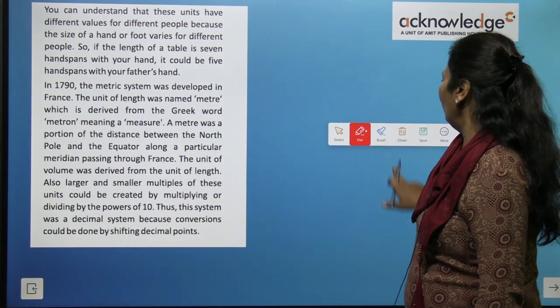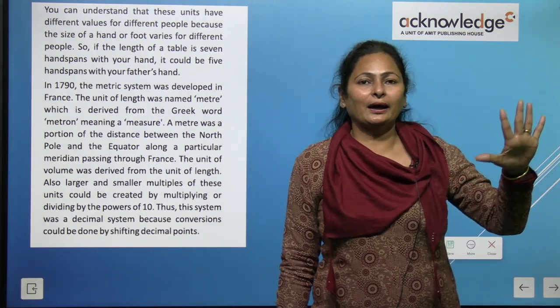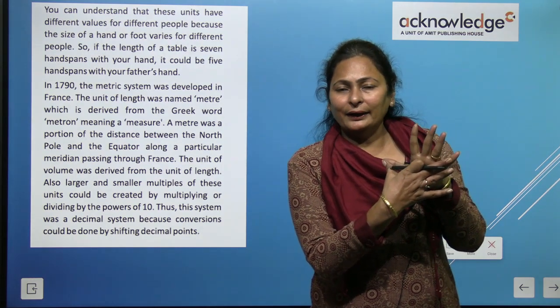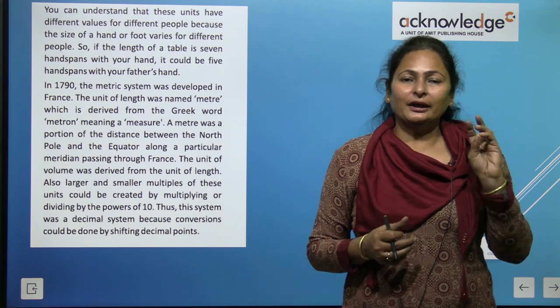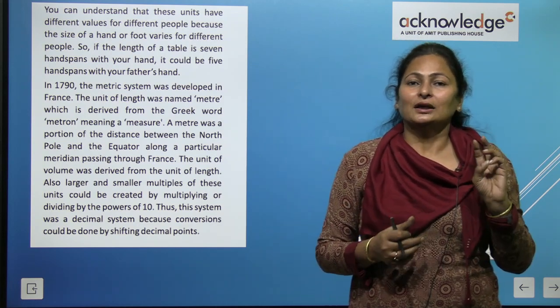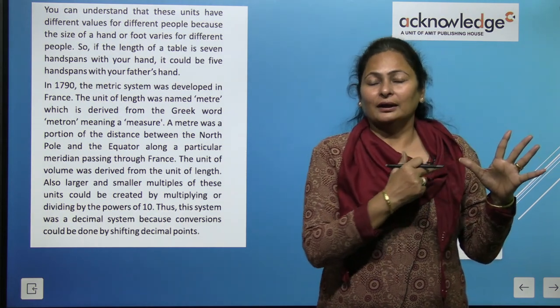You can understand that these units have different values for different people. How does it vary from person to person? My hand is big, so my hand span would cover more, right? If a kid is measuring with the hand span, he or she has a small hand, so the length would differ.